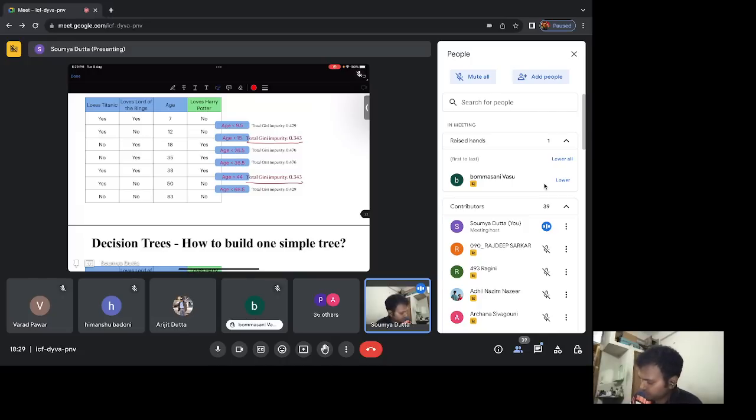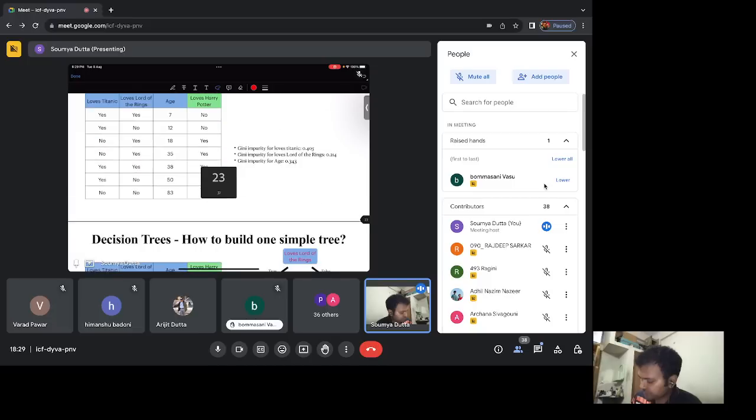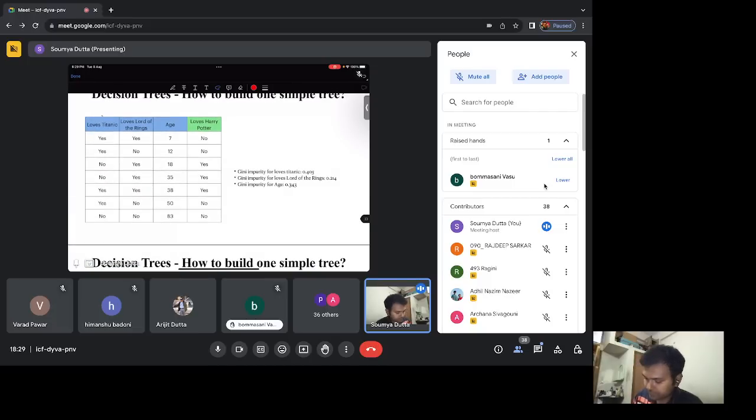Now we have got the split points for all the 3 columns, with the corresponding Gini impurity indices. The Gini impurity value for Loves Titanic is 0.405, for Loves Lord of the Rings is 0.214, and for age is 0.343.